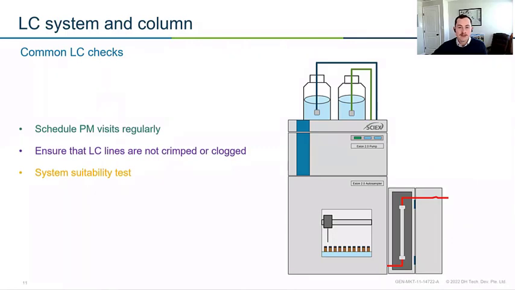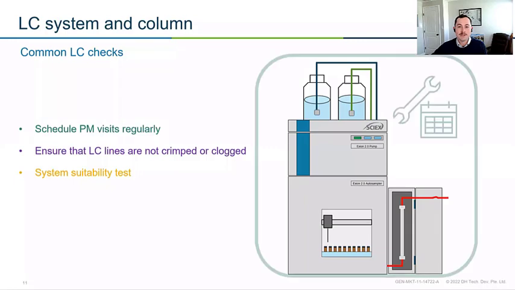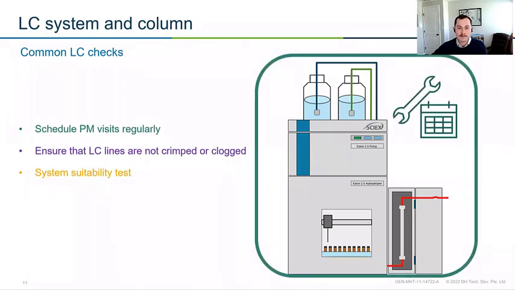From an LSP perspective, one thing I can't stress enough, that I've been guilty of, is make sure that you do regular maintenance, and schedule it. Personally, I find it easiest to do once a year when you do your mass spec PM. So when your engineer comes out, or if you do your maintenance yourself, do your LC maintenance as well.